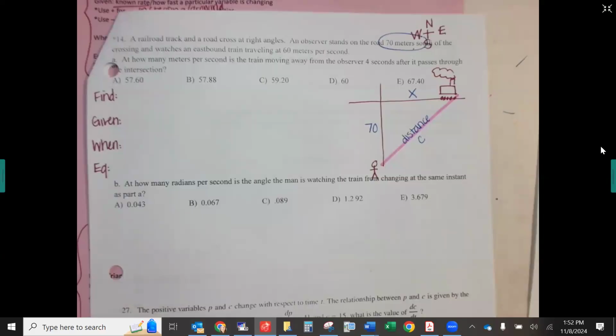Think about x as how far away the train is, and how fast that would be from here. The Pythagorean theorem is just the shape that you have that relates the sides.